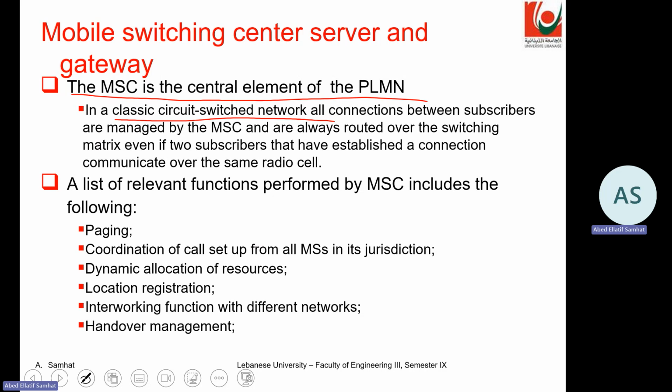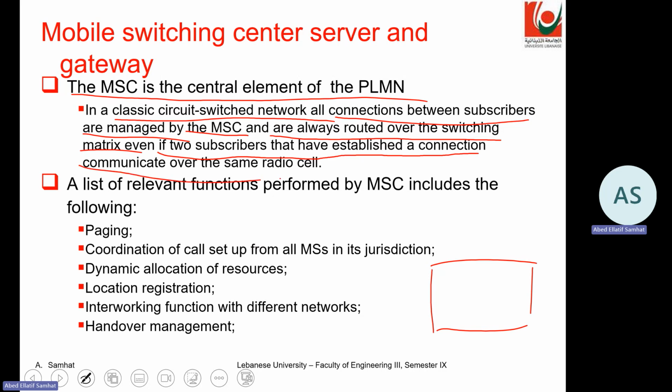The connections between subscribers are managed by the mobile switching center and are always routed over the switch matrix. So we have a kind of connection to know to which destination the connection or the call will be routed. And even if two subscribers that have established a connection communicate over the same radio cell, we should achieve this through the mobile switching center in order to establish the connection.